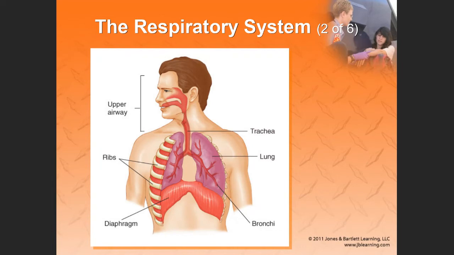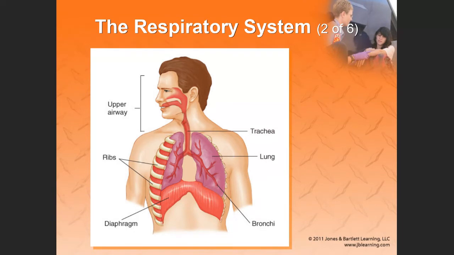The right lung has 3 lobes and the left lung has 2 lobes. It is like that to facilitate the position of the heart and the great vessels.